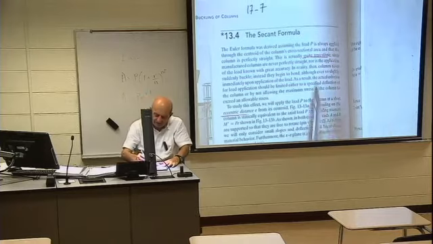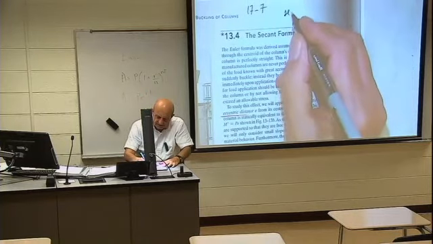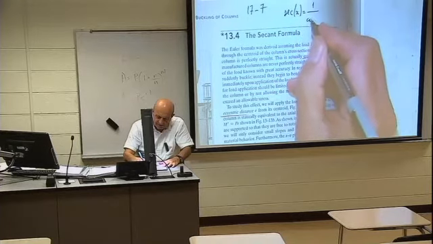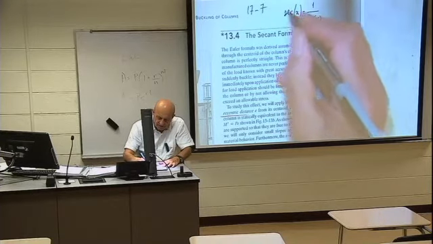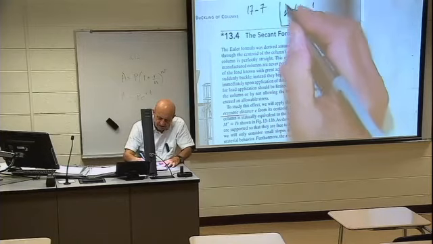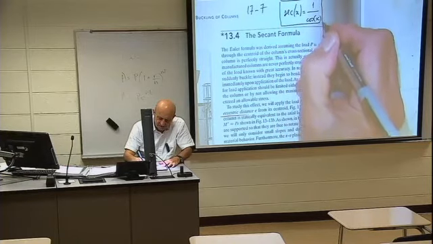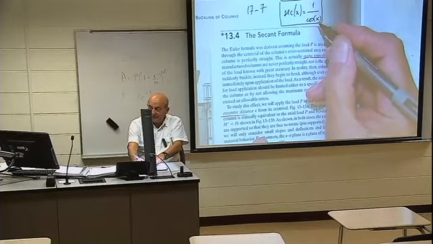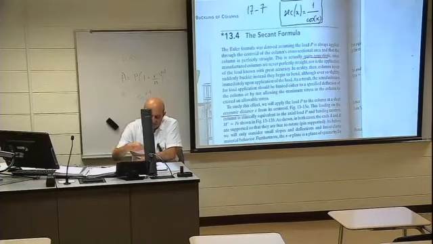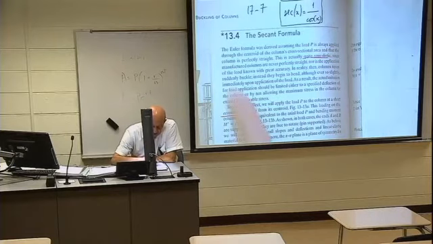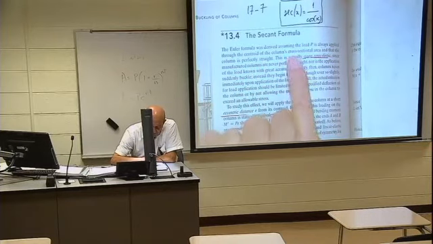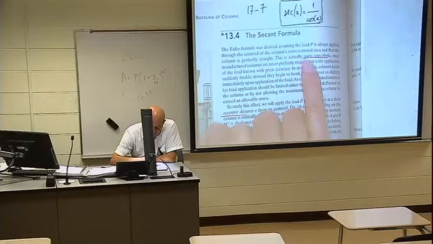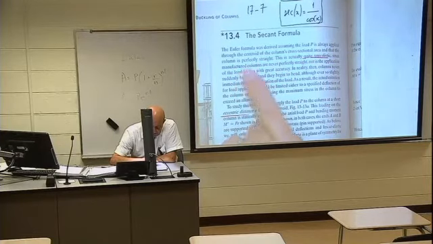Secant is a function. So secant x is 1 over cosine x. So from here, this word secant. So there will be something like this in our analytical derivation. This secant function will be there. The Euler formula was derived assuming the load is always applied through the centroid of the column's cross-sectional area and that the column is perfectly straight.